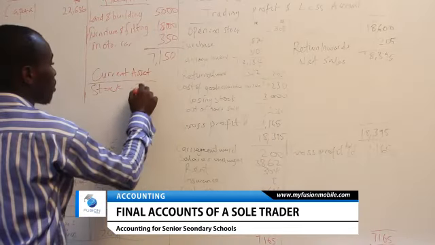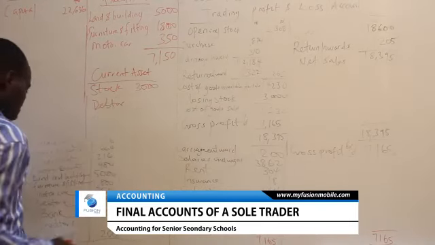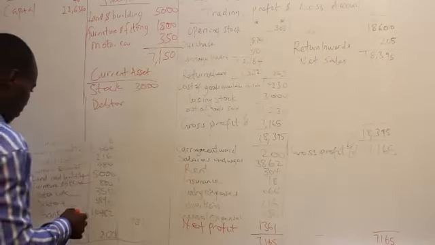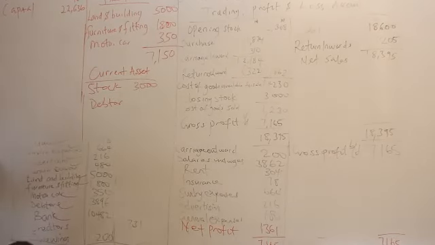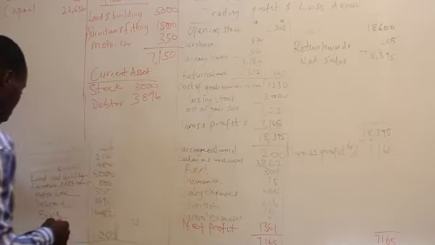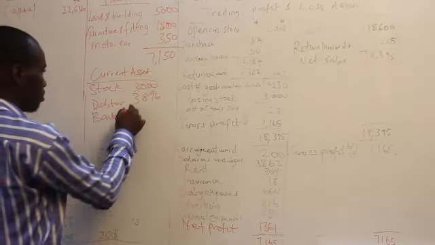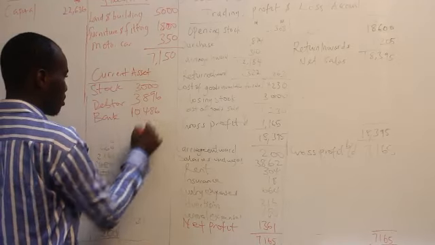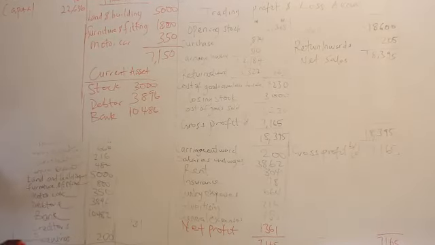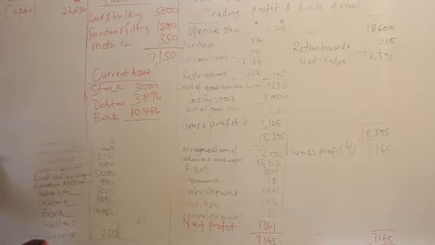Next thing we have the debtors, which is 3,896. So we have the bank, which is 10,486. So I think that is all about this. So we can then add.